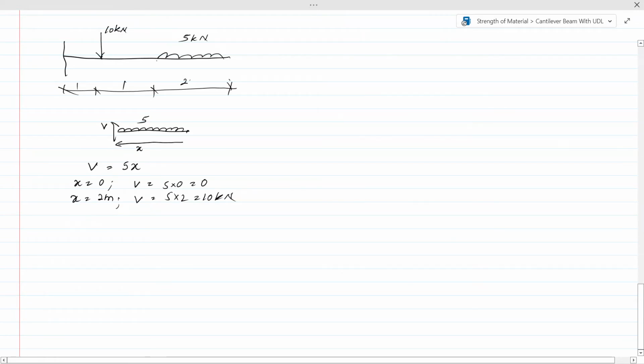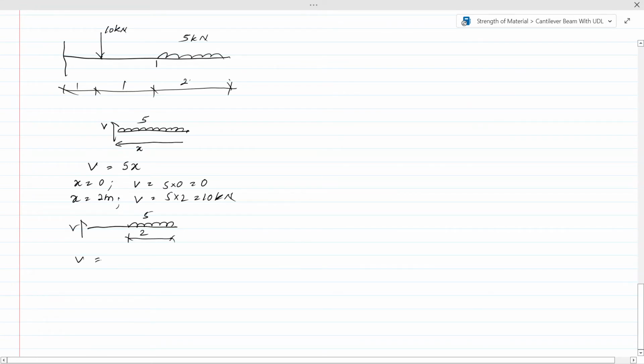Shear force here. Right, let's consider the segment between the 10 and the 5 kilonewton per meter UDL. A section like this. You have 5 there, then this distance is 2 meters. Now we are going to calculate V there.